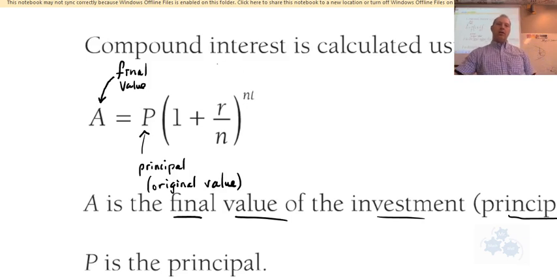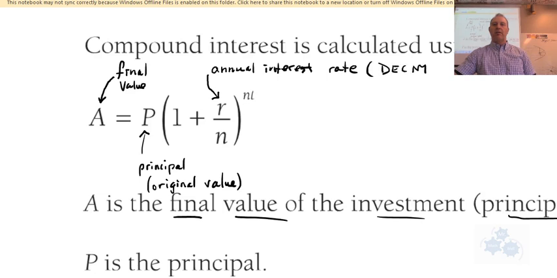Now this R, what is the R? The annual interest rate expressed as a decimal. Annual interest rate, very good, as a decimal. And that's going to be very important. Expressed as a decimal. So don't put the full percent number in there. You got to divide by 100, right? Because it's percent. Divide by 100, put that number in there. Okay, and then N, what is N?